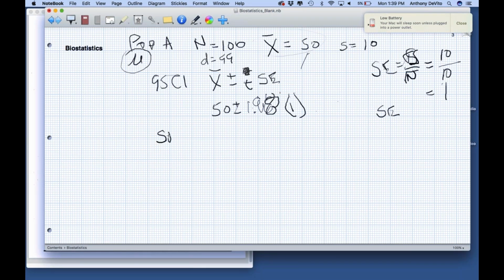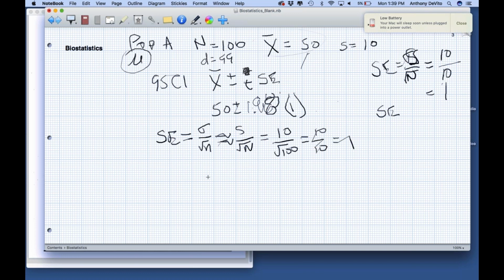So my standard error is equal to sigma over the square root of n, right? But since I don't know what sigma is, I have to approximate it with S over the square root of n. And that's equal to 10 divided by the square root of 100, which is 10. So that's 10 over 10, which is equal to 1.